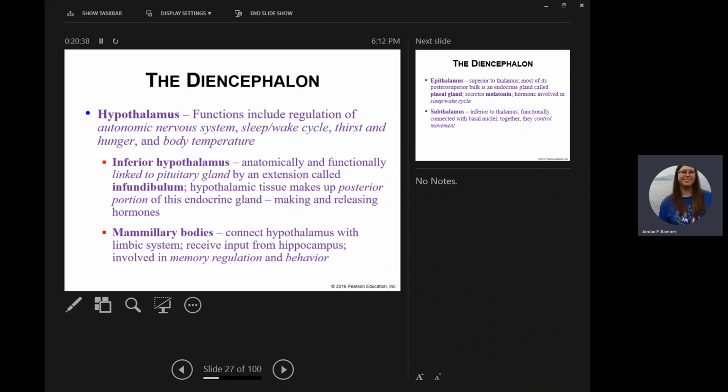So hypothalamic tissue makes up the posterior portion of this endocrine gland, making up and releasing hormones. So the pituitary gland has the anterior and posterior pituitary. Basically what it's saying, the posterior pituitary is almost continuous with that hypothalamus, and essentially the hypothalamus, not the posterior pituitary, is going to be making the hormones.